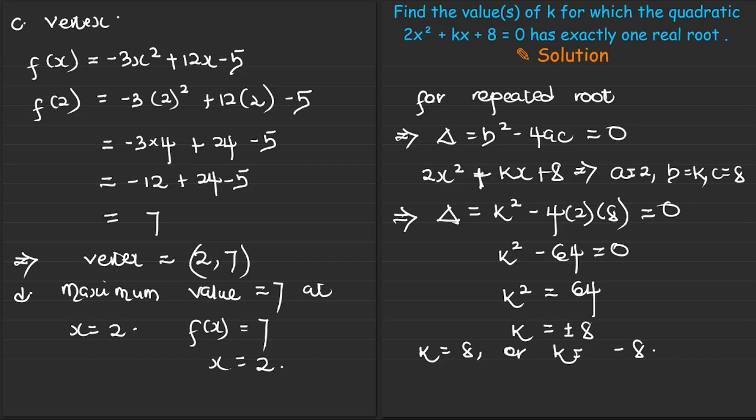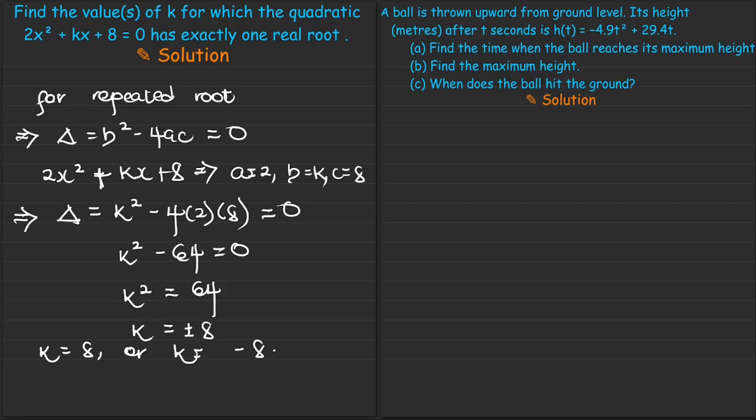And that is all. We've been talking of quadratic functions, but how do we apply quadratic functions in real life situations? With respect to that, we'll take our last question for this session. That is a word problem. This last question says, a ball is thrown upward from ground level.